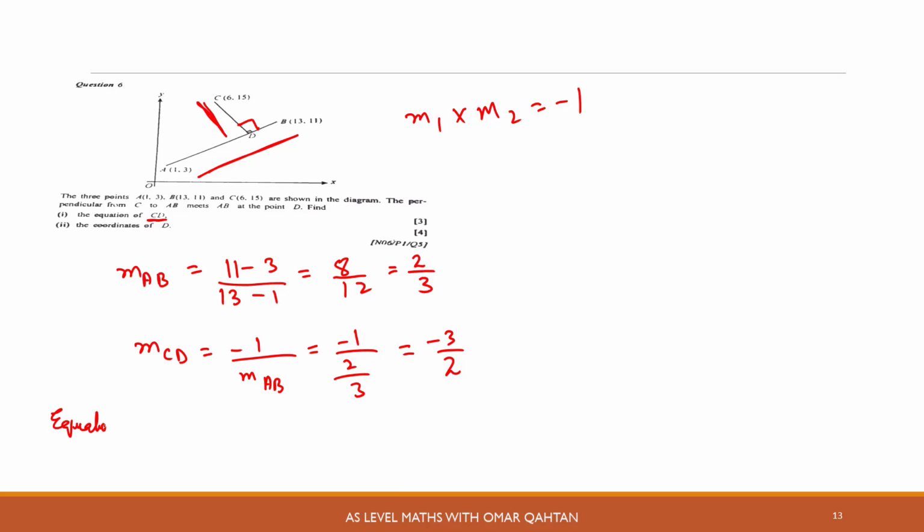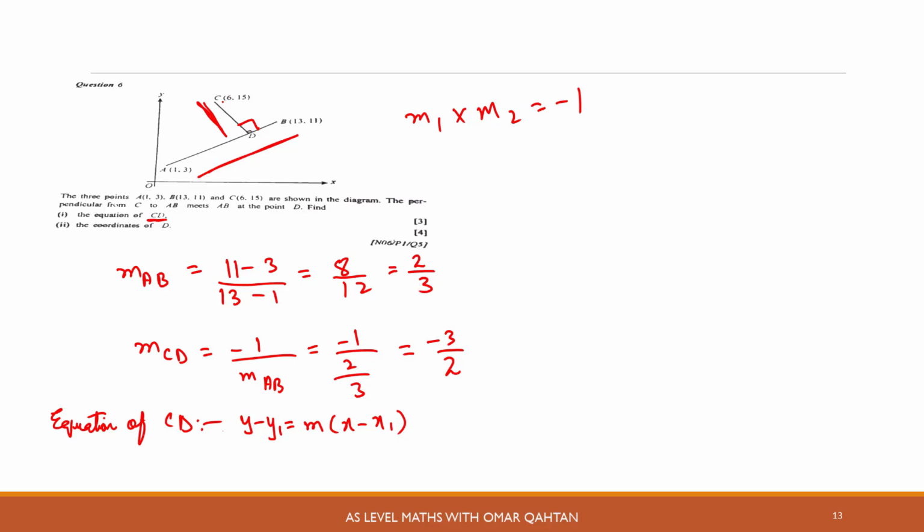For finding the equation of CD, we know the general equation y minus y1 is equal to m into x minus x1. Either we could use the coordinates of D, but we don't have them here, so I am going to use this one. It's up to you; you can use any point, it should just be on the line.